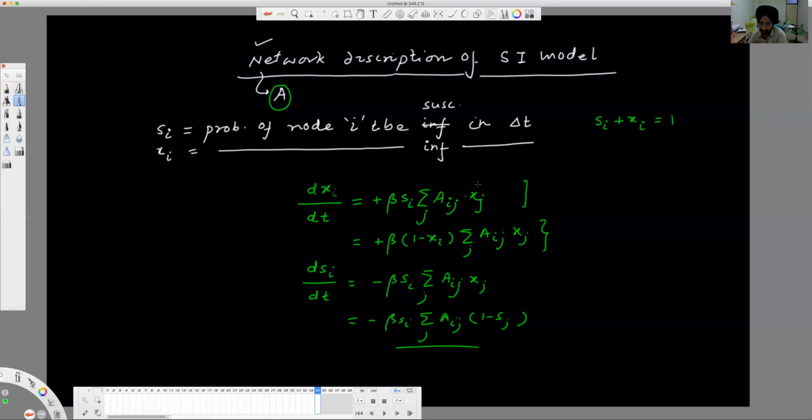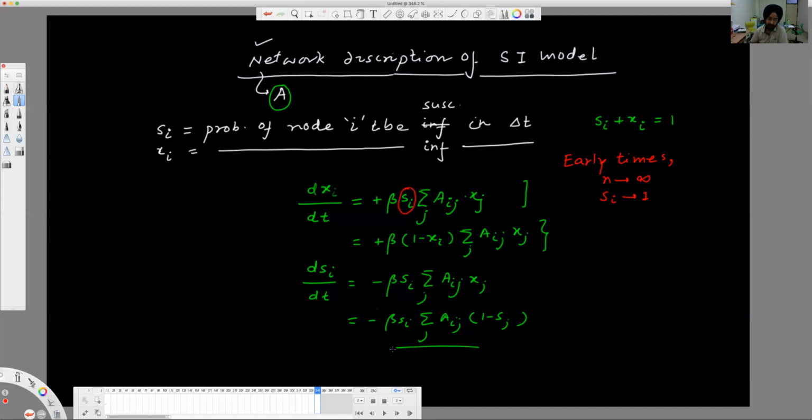Now the assumption is of early times. We are making the assumption of early times of the epidemic. In early times, what happens? Your xi value will be very, very low, right? Given that n is very large, we say that Si approaches 1, so we actually get rid of this.